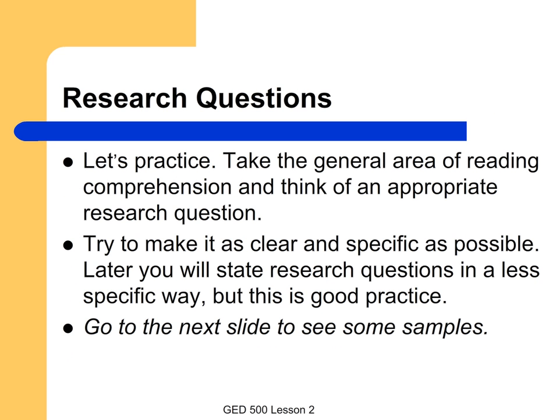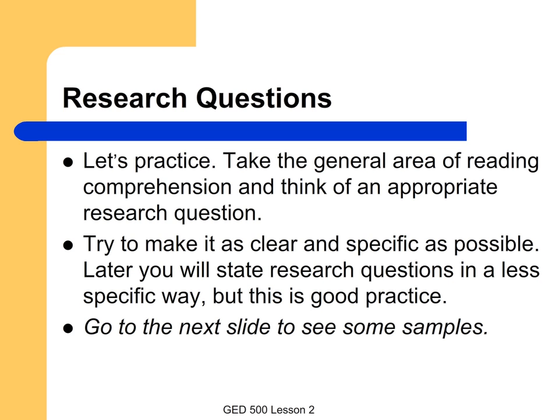Okay, let's practice this just to see if we can get the idea down for the research questions. So let's think about the area of reading comprehension. And everybody obviously has some context with this, having been in education. You may know this at the special education level. You may have some ideas about it at higher education level, but everybody has some sort of experience with reading. And what we're going to try to do is make an appropriate research question.